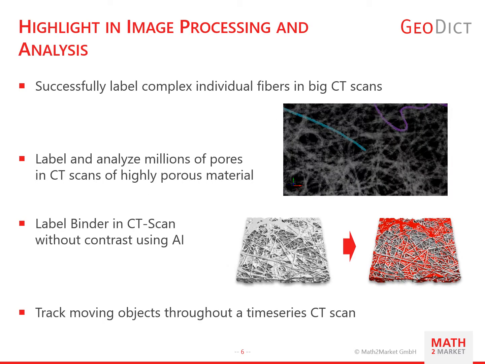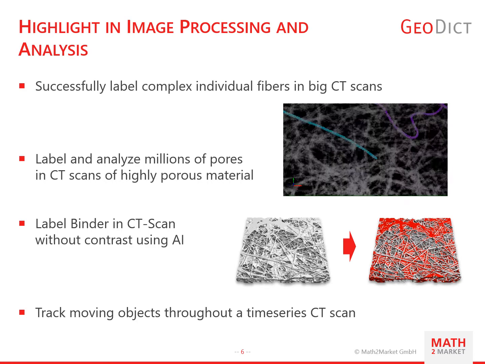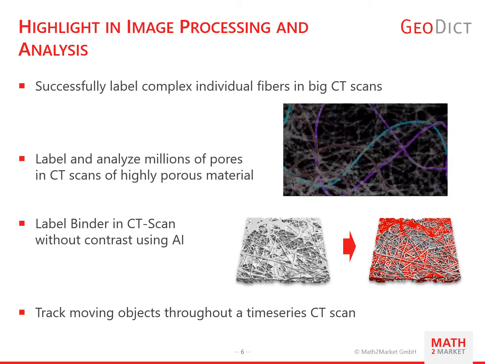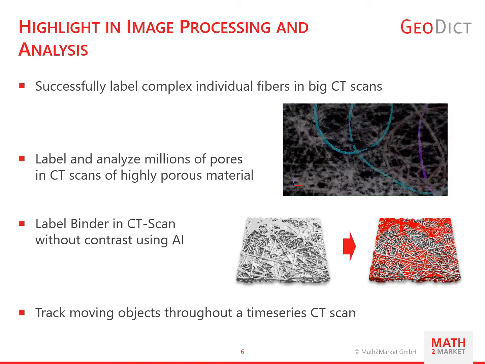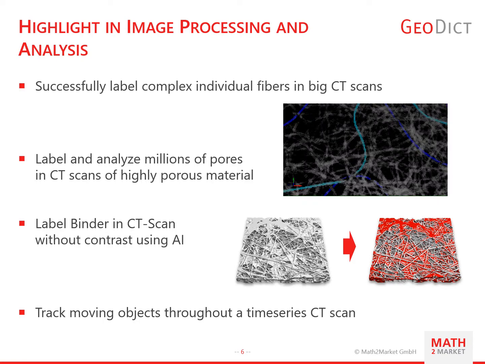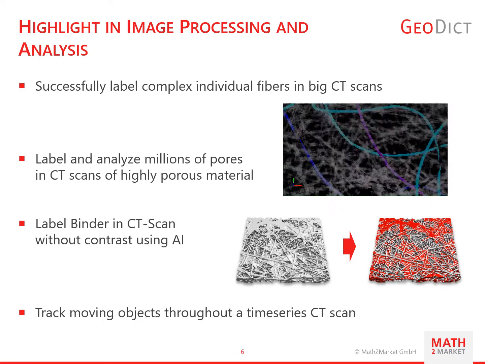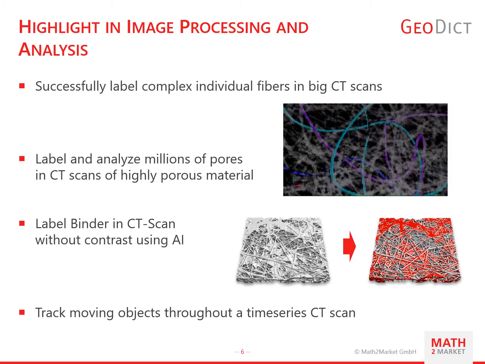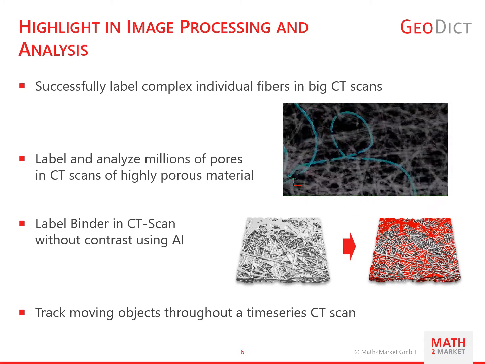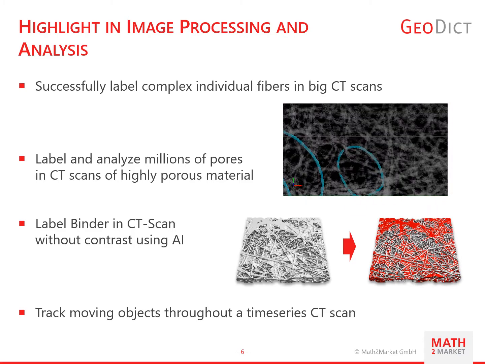Some highlights on the image processing and image analysis work we have done in the last few years. First of all, we had the invention of the FiberFind AI module that allowed us to trace fibers throughout CT scans, and we've applied this successfully to really big CT scans in the magnitude of 18,000 by 2,000 by 4,000 voxels, as shown here in the video.